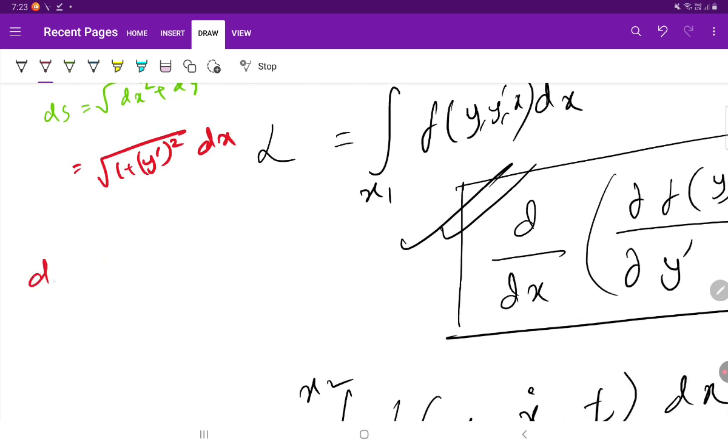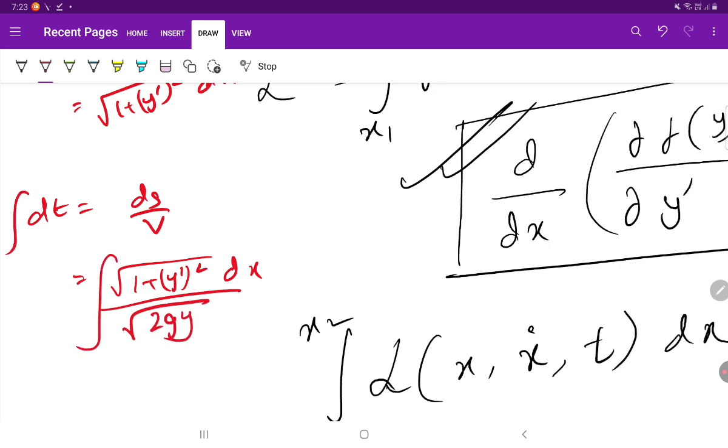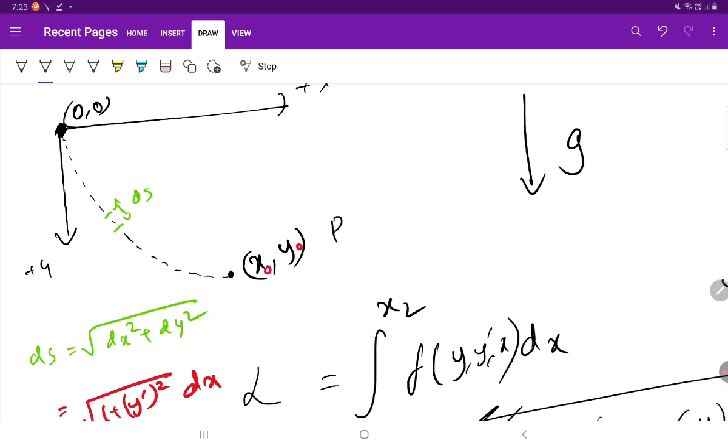What is dt? dt is ds by v, which will come out to be the square root of 1 plus y dash square dx by the square root of 2gy. Basically, we have to minimize this integral, and this integral ranges from 0 to some x naught. I'm considering point P to be x naught comma y naught, right?